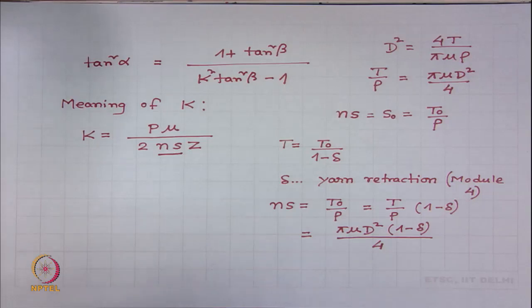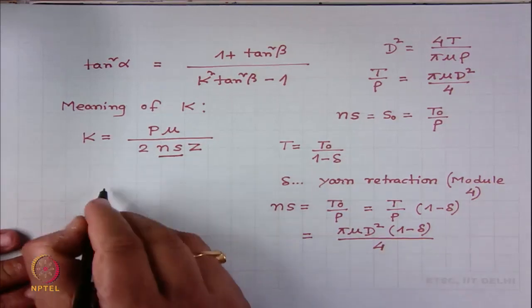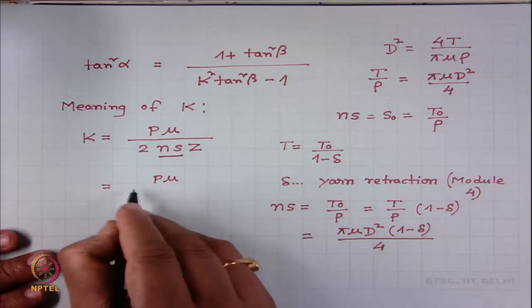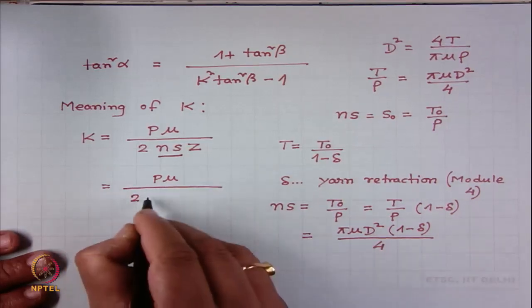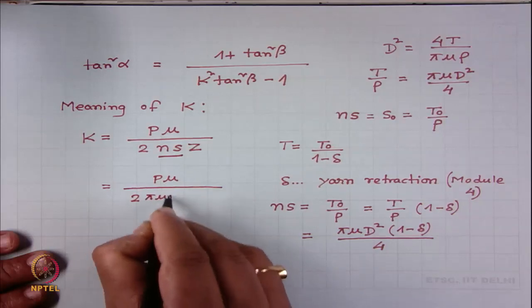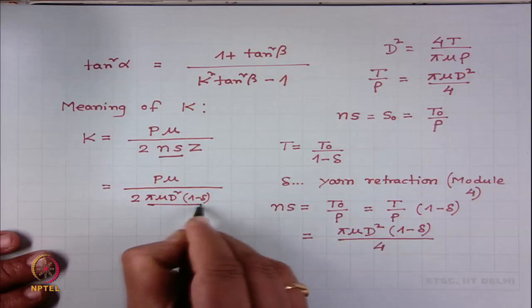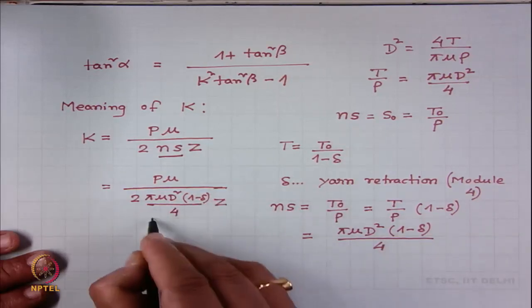This NS we substitute here. So, what we obtain is P, period of migration, into packing density, 2, pi mu d square, 1 minus retraction by 4. This is your NS and this is your Z.